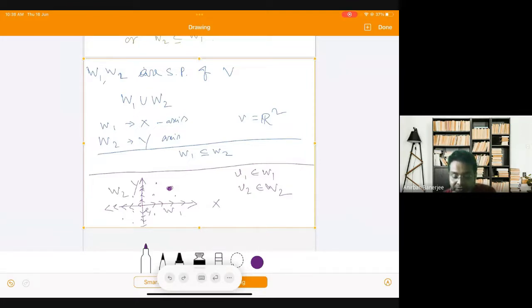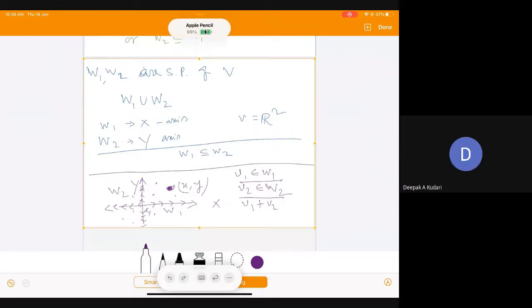Is it possible to construct any vector in R2 by joining v1 plus v2? Or in other words, does there exist a vector v1 in W1, v2 in W2, such that v1 plus v2 will be my desired vector? Let's say this is (x, y). Is it possible? Yes, sir.